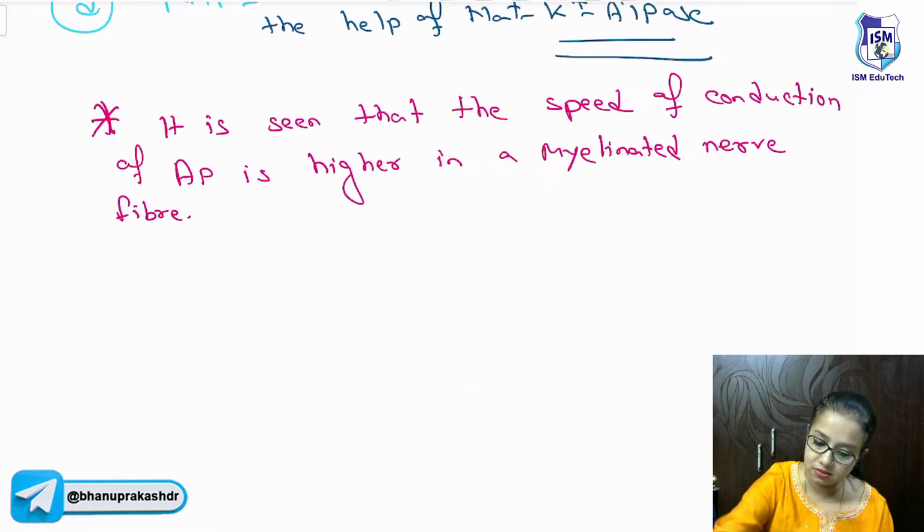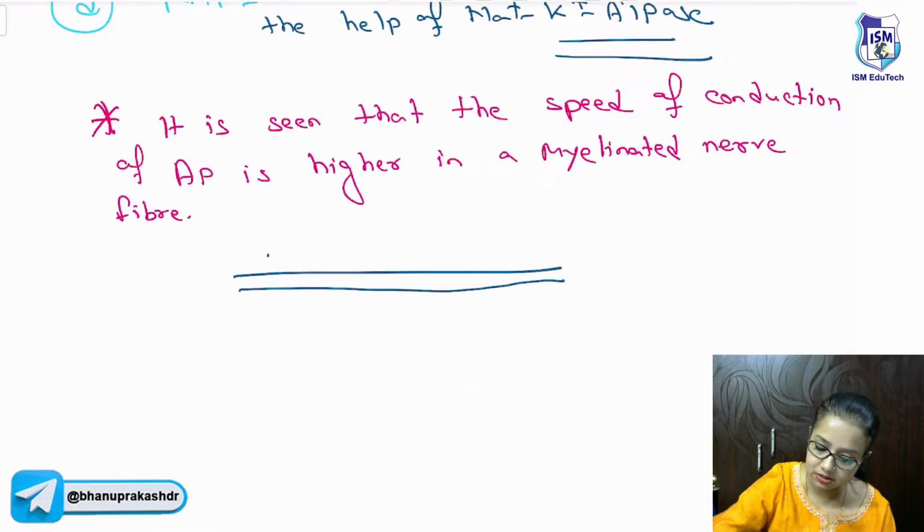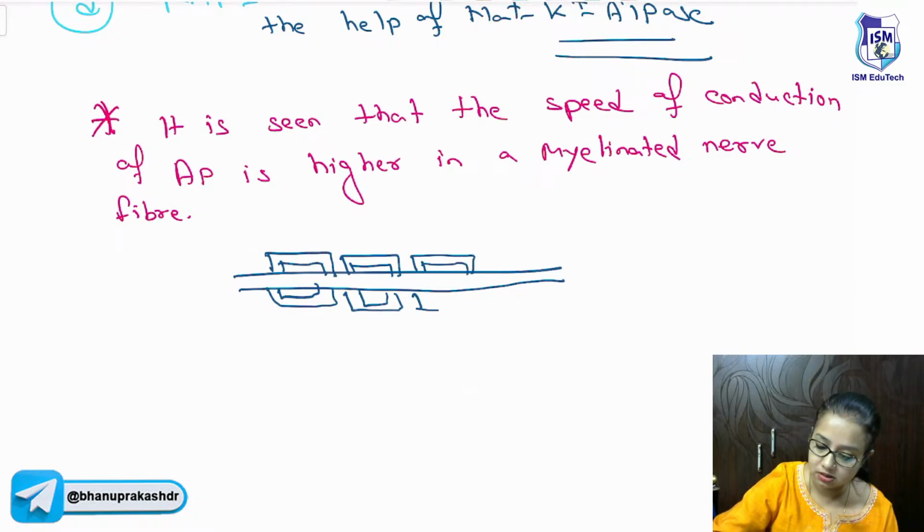Say this is the axon, and these are the myelin sheath, the wraps of myelin across the axon.